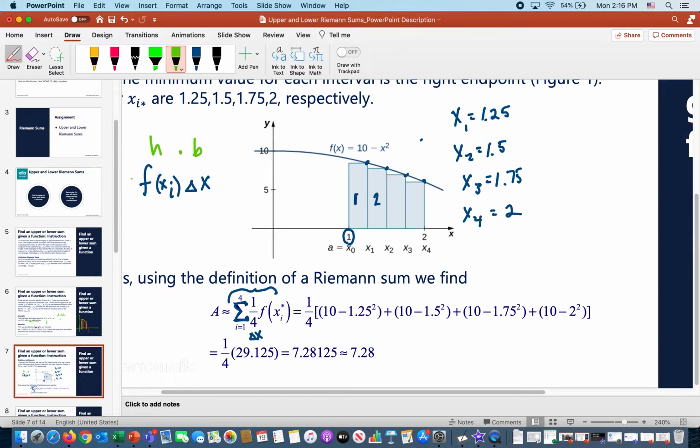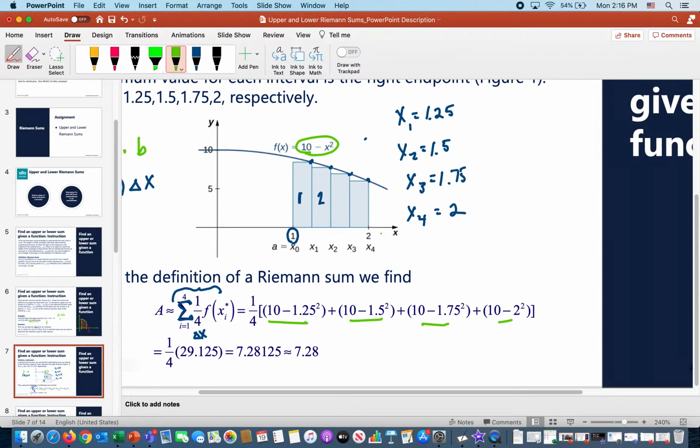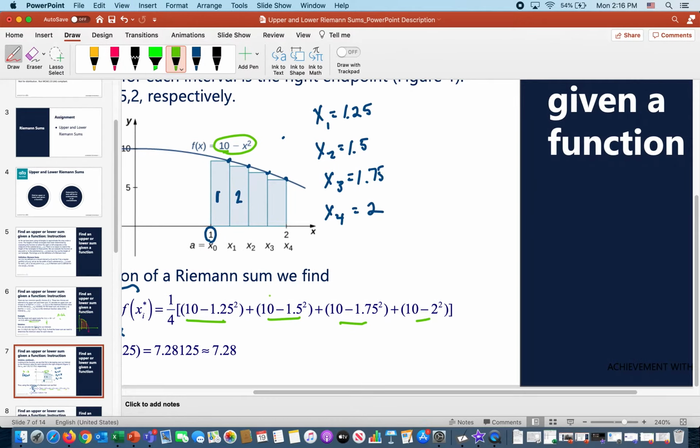So to find the height of each rectangle, I'm going to plug in 1.25 to this original function. And you can see that down here. And then I'm going to plug in 1.5 to the original function, and there it is. Same thing for 1.75 and 2. Now, if you notice with what you see here, you only have one 1/4. You can think of it like this: the area of the first rectangle, the area of the second rectangle, the area of the third and fourth rectangles.